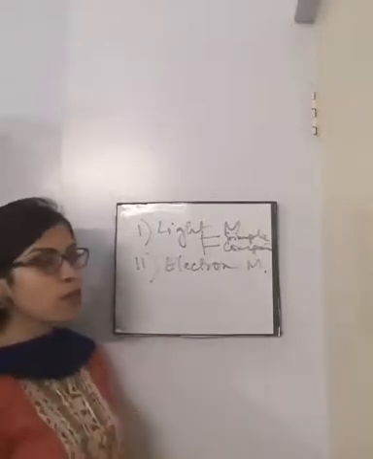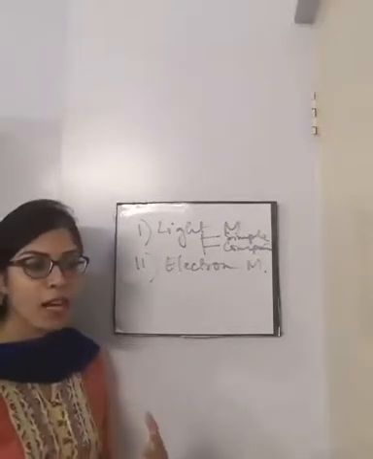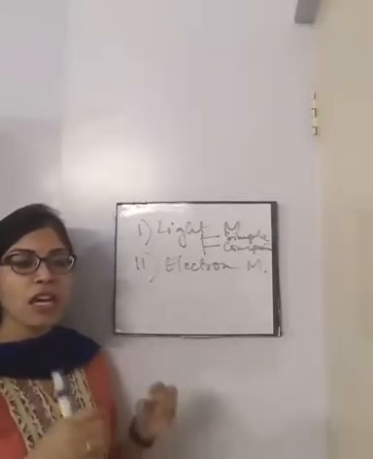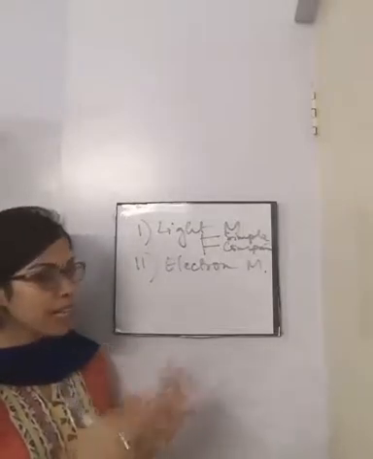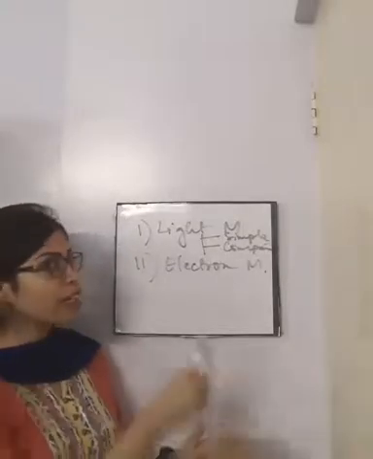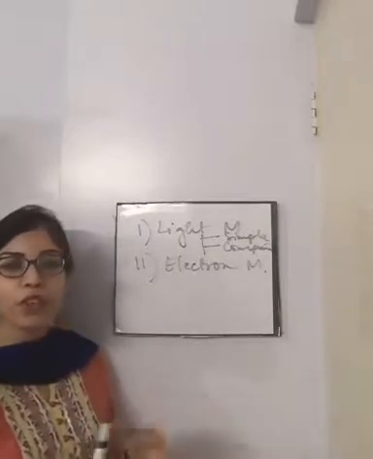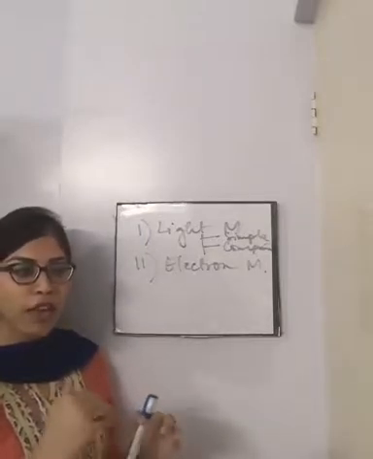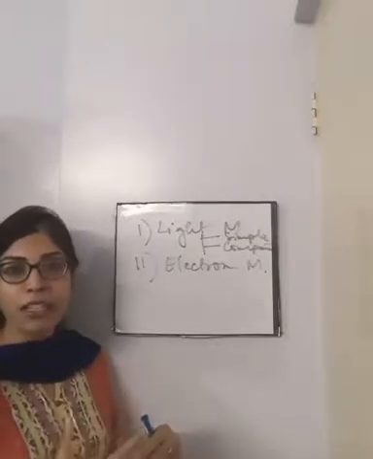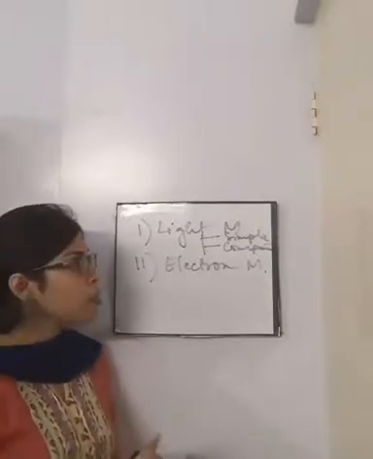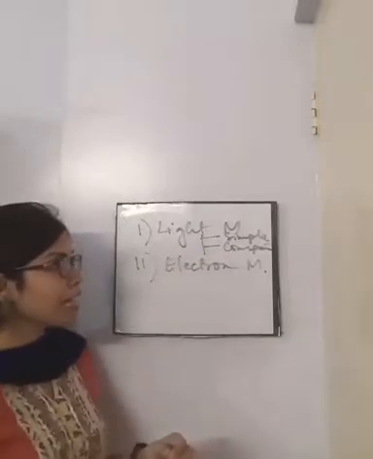But a compound microscope helps us to visualize the different parts. Each and every part of a cell can be observed under a compound microscope, and a compound microscope also has different ranges, like how much it magnifies the cell. So these are the two types of light microscope.